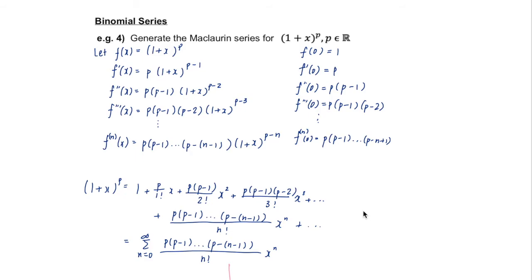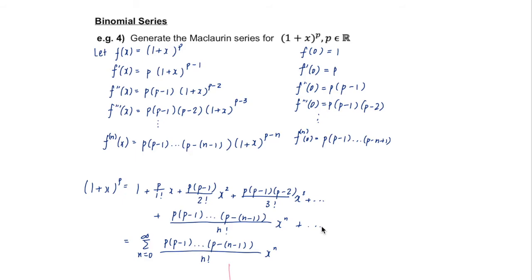And then the general term that we will get is p times p minus 1 times p minus 2 dot dot dot times p minus n minus 1 over n factorial times x to the power of n plus dot dot dot, because this is an infinite series.